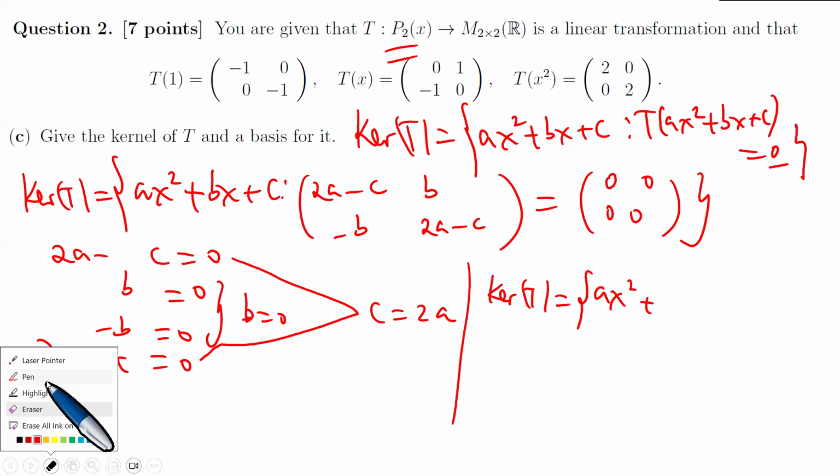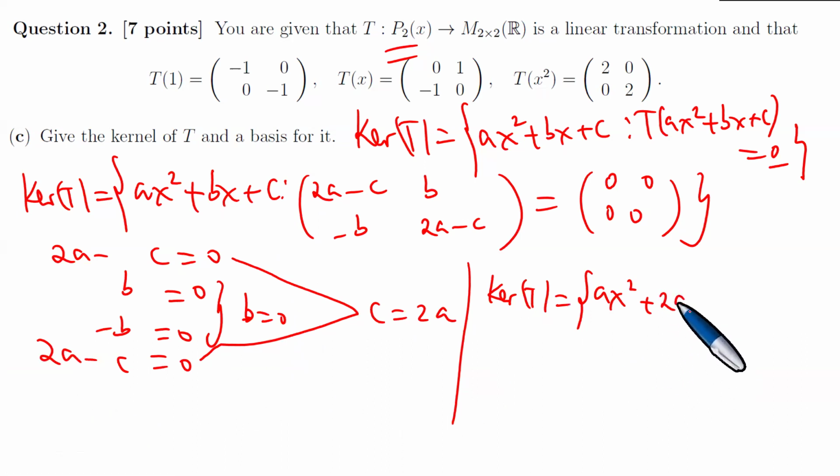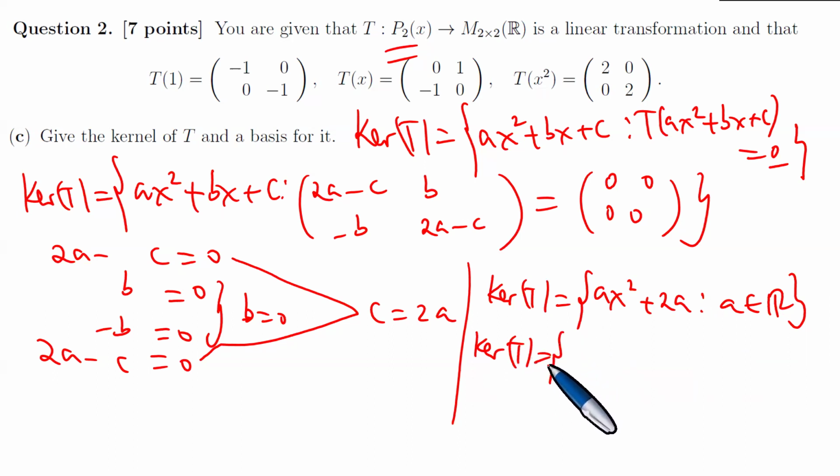So in the place of c, you can put twice a, such that a is a real number. So this becomes the kernel of T. If this is the case, then you can take out the a and then have x squared plus 2.